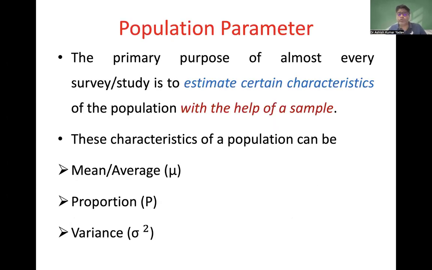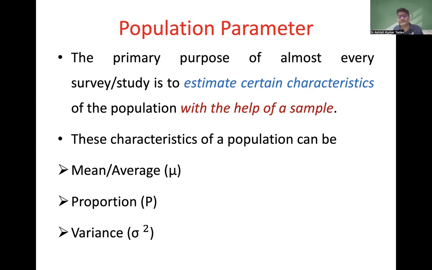Now we are coming to two important definitions. One is population parameter. What is population parameter? Globally, no one is interested in a sample. Everyone is interested in the population. We want to study the population characteristics based on a small sample. The population characteristics are called parameters.